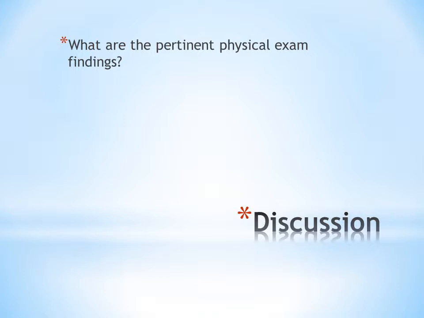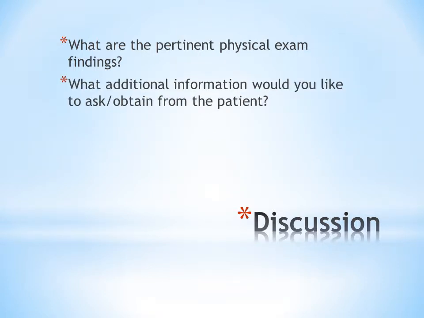So she has a red, scaly, edematous rash, right? That's affecting both hands equally, and not just certain aspects of the hand, but the entire hand. And so what additional information would you like to ask or obtain from the patient so they can help you formulate your differential diagnoses?